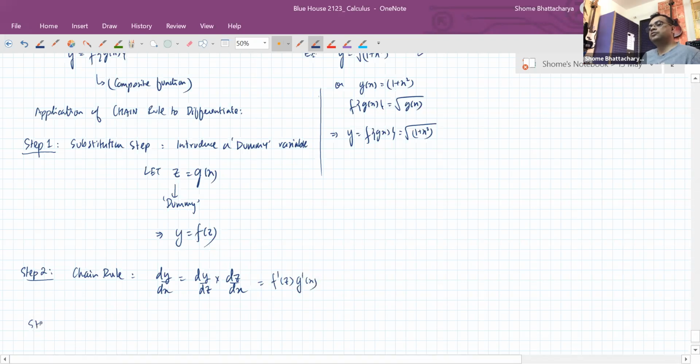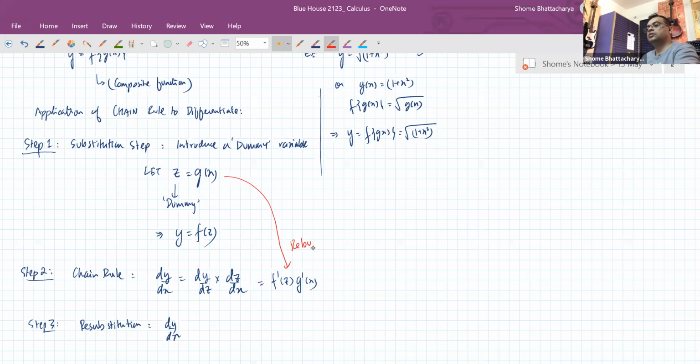And the final step before we write the answer will become what we call resubstitution. That is, we resubstitute the value of z as g of x, so that we get the final answer.